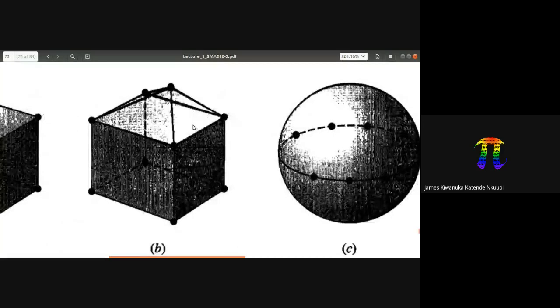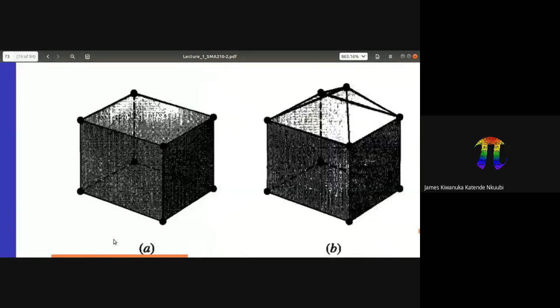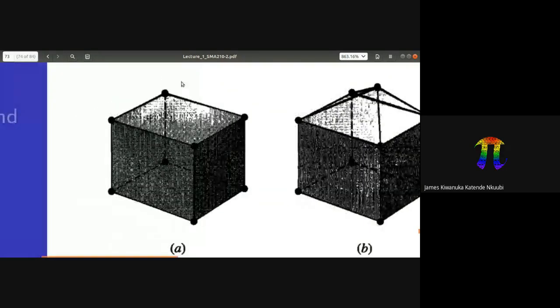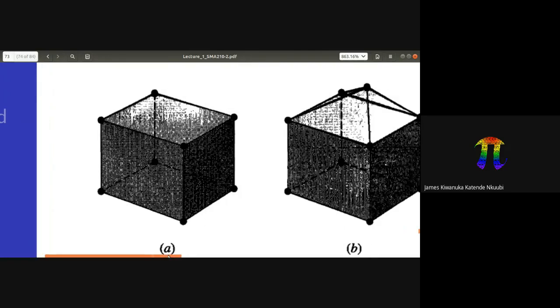So here is another tiling on the sphere. What happens with this one is that you have the cube, then you add one more point up here. Then you have edges moving from that point to all the vertices on the top face. So now you remove the top face and replace it with 4 new faces.